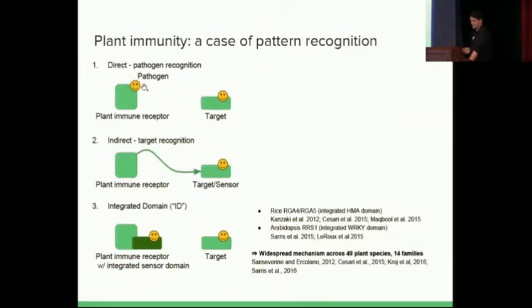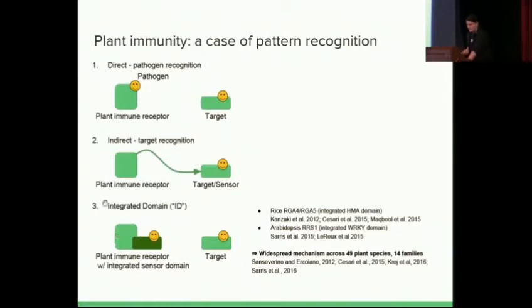Basically, we have the little pathogen here and an immune receptor protein, which notices the pathogen is there, so we can start some immune response. Then we have indirect target recognition. The plant immune receptor is not monitoring for the presence of the pathogen, but looks at where the pathogen attacks, sees whether something is wrong there, and then triggers an immune response.